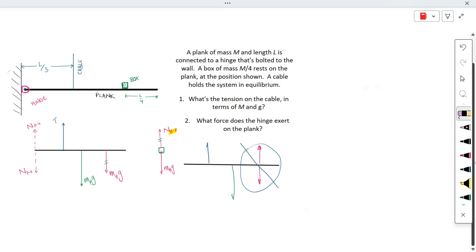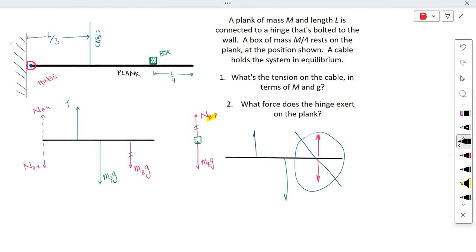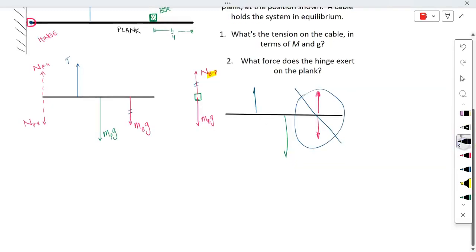Okay, onward. Let's go ahead and do the analysis here now. Here's one big deal: for net F, I don't even know what direction these forces point, so net F is maybe not the way to go. I'm not even going to bother writing a net F. I'm going to go right to a net torque.